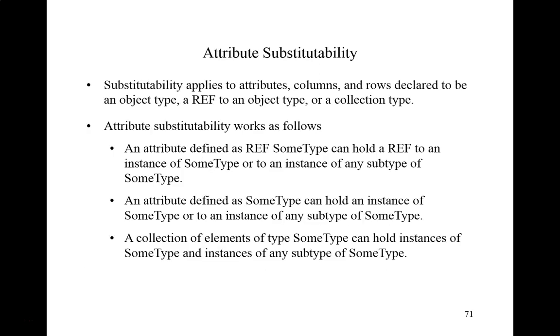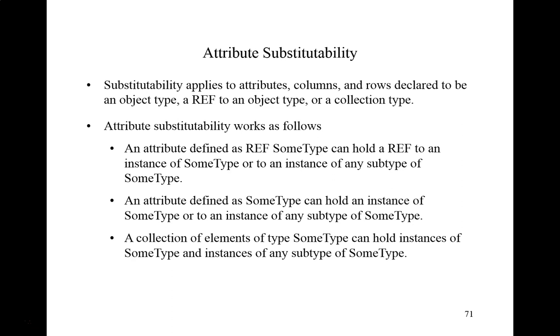Substitutability applies to attributes, columns, and rows that have been declared to be of an object type, a ref to an object type, or a collection type. Attribute substitutability works as follows. An attribute defined as ref of some type can hold a ref to an instance of some type or to an instance of any subtype of this type.